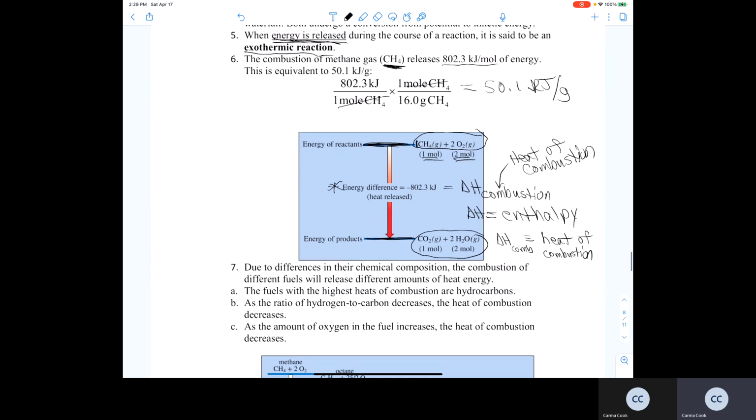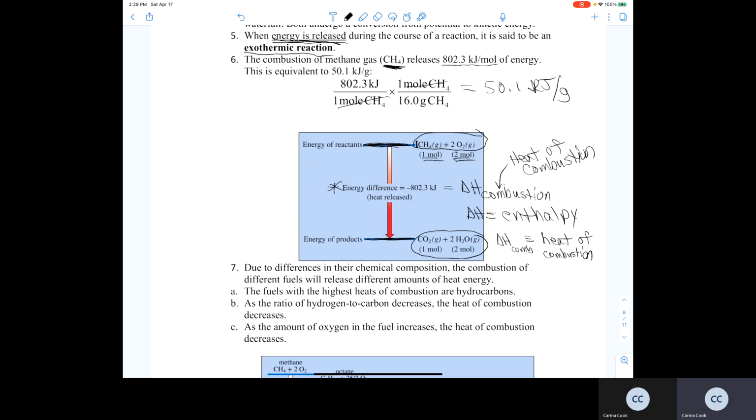And so this delta H, our reactants, those chemical bonds in those reactants have to be broken, and those atoms have to be free to rearrange to form our 2 products, CO2 and water.